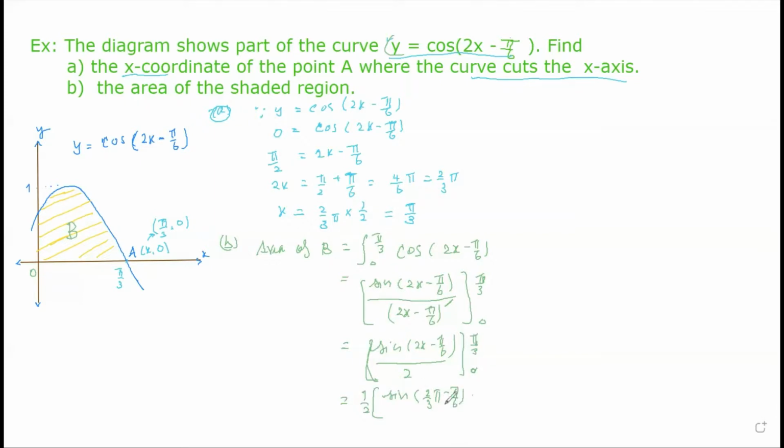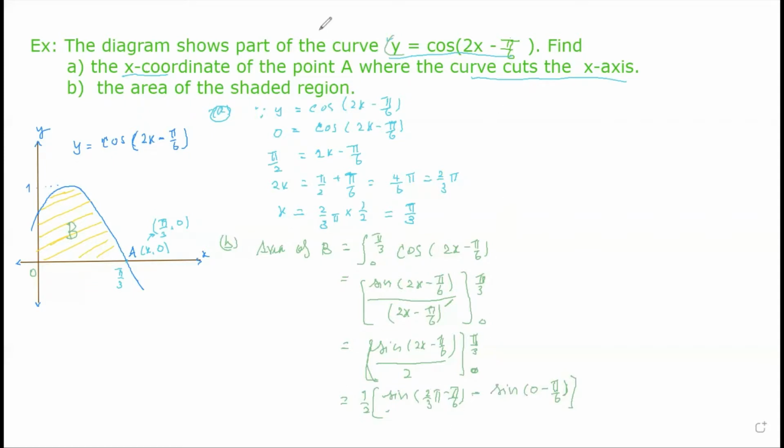And then the 1 over 2 is taken out already. After this it is going to be minus sine. This one, replace x with 0. Okay, so 2 times 0 becomes 0, minus pi over 6. Close the bracket. 1 over 2 has to multiply the whole thing.